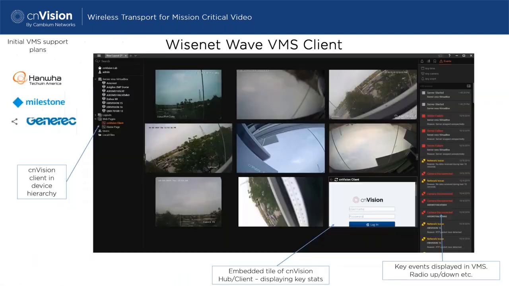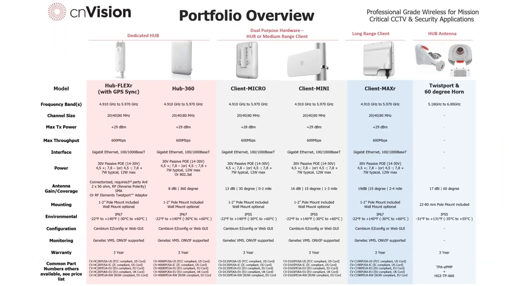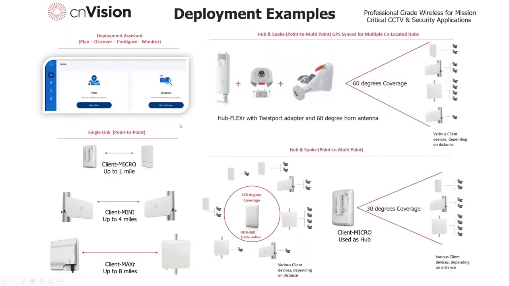So moving ahead a few slides, this is sort of the portfolio overview. And you have a lot of details here in spec sheets, which you can find on our website. But fundamentally, we have the concept of a hub and a client. And the next picture will give you a good idea. The hub is meant to be your base station, your access point. In other industries, that's what they're called, but it's the one that's talking to the clients.